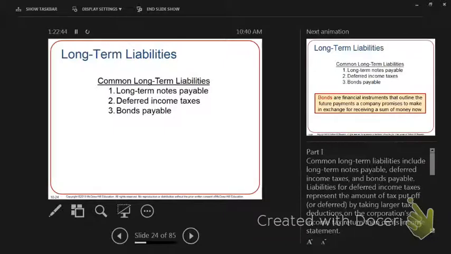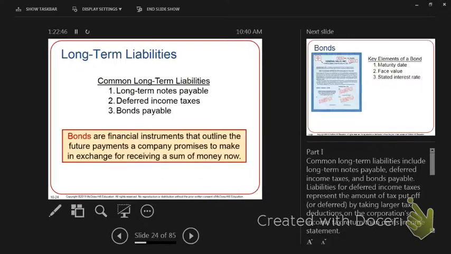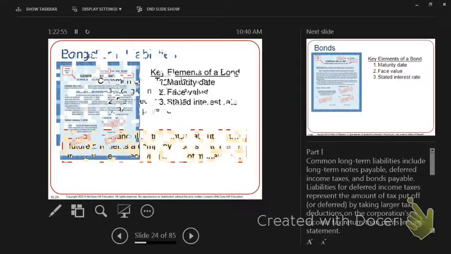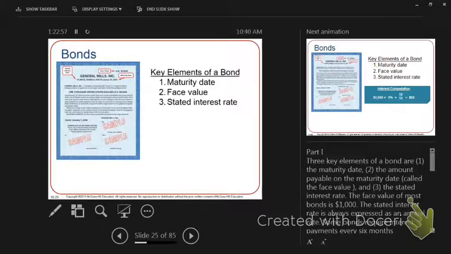It doesn't matter what I do with the bond. My bond payable is always going to be the face value of the bond. Bond payable is the face value.